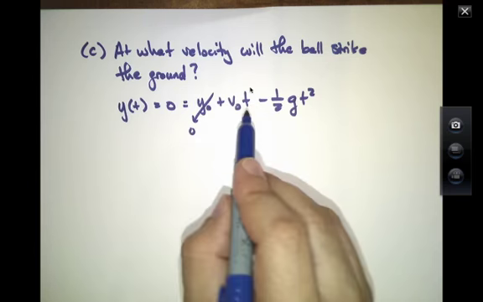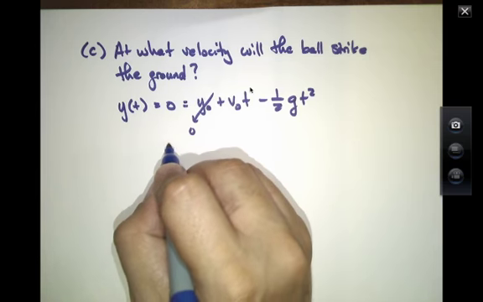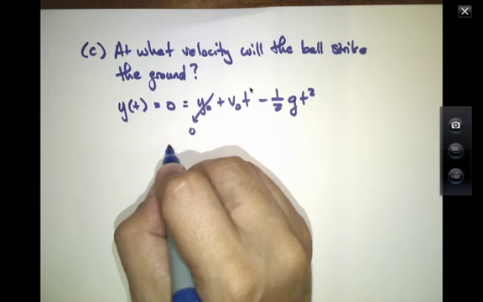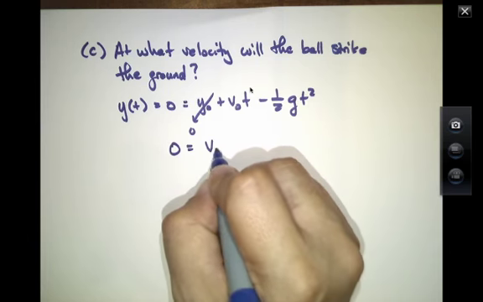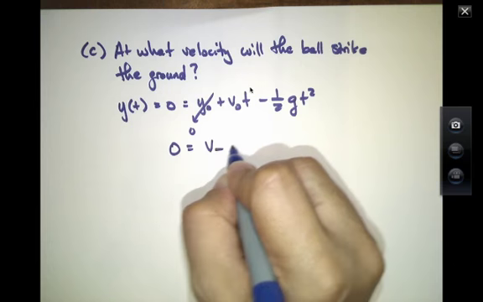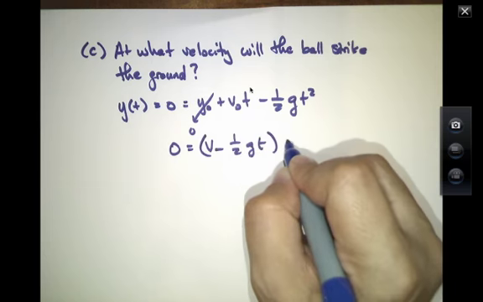And this is 0 is v naught t. I have 0 equals v naught minus 1/2 gt times t.